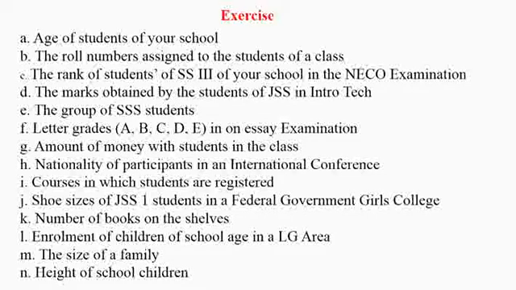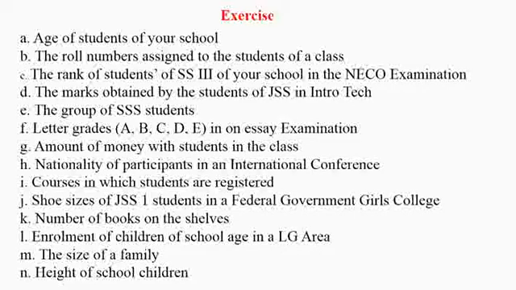Then the E part, we talk of the group of SSS students. And this is just a nominal scale. They are identified by the group, just name. So when we talk of name and identity, we are referring to the nominal scale.